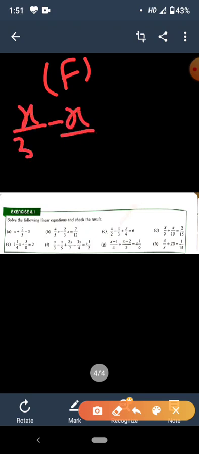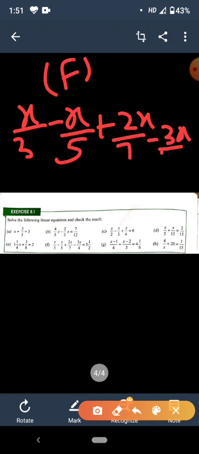We will do question number F. x upon 3, then x upon 5, then 2x upon 7, then 3x upon 4 is equal to 3 2s are 6, 7 upon 2. Means it is a mixed number. So the mixed number you have to change: 2 3s are 6, 6 and 1, 7 upon 2.